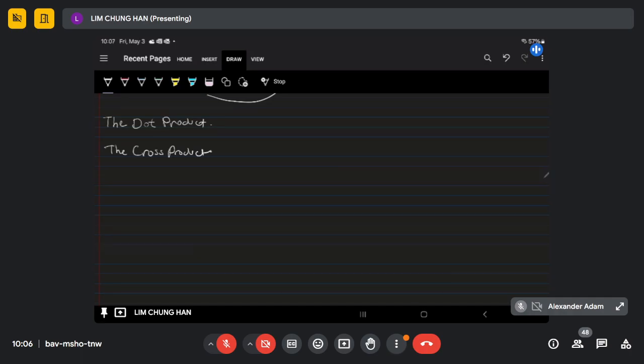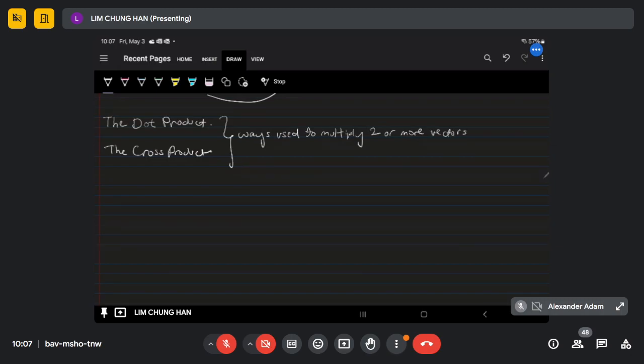This is another way to multiply vectors. So these are the two ways used to multiply two or more vectors together.